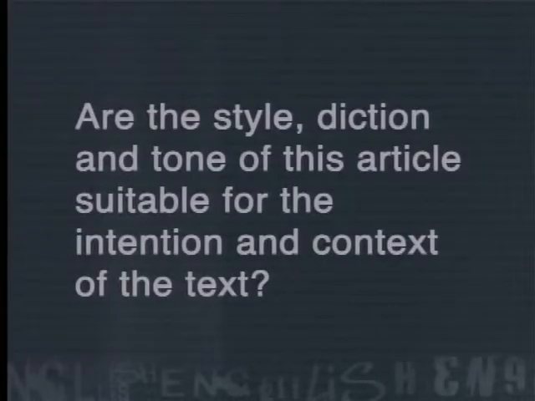Are the style, diction, and tone of this article suitable for the intention and context of the text? Determining the register of a text or an article will help you to determine if it was written to amuse and entertain people or if it was written to be taken seriously and as fact.